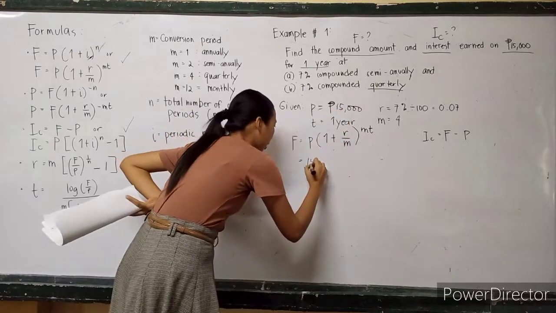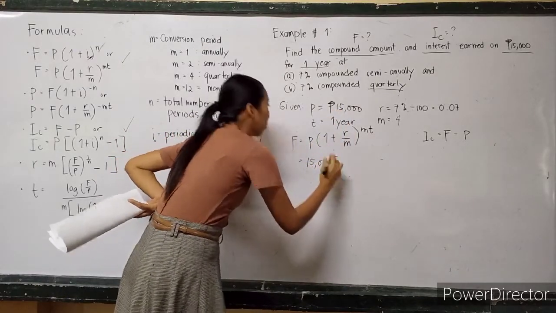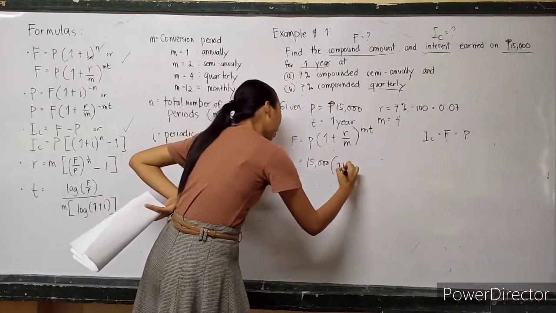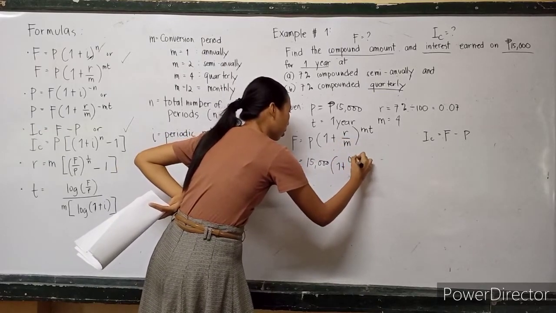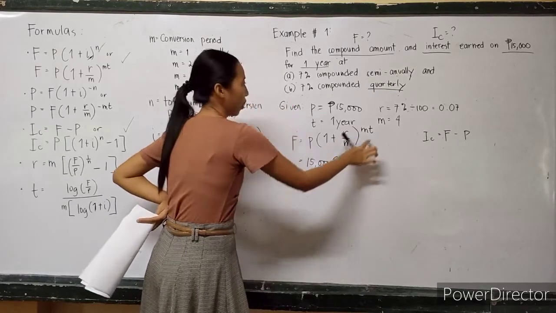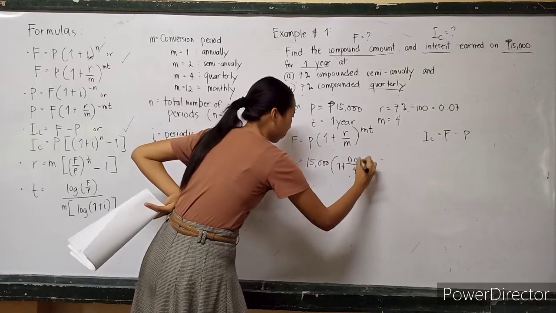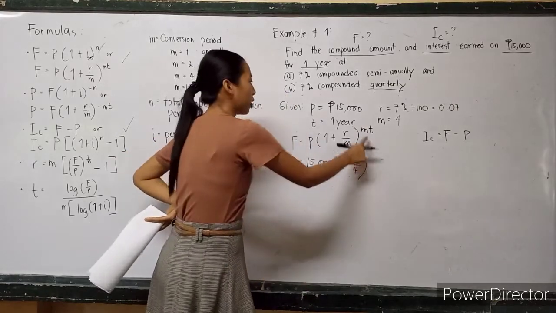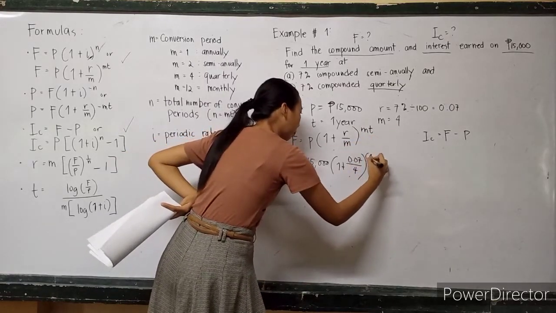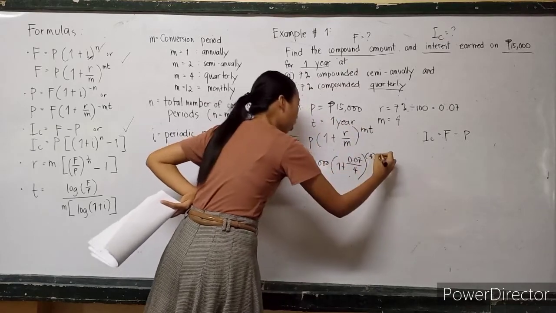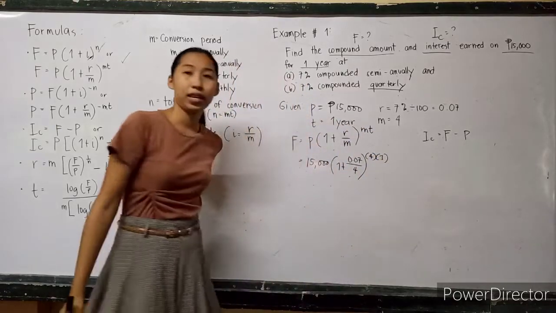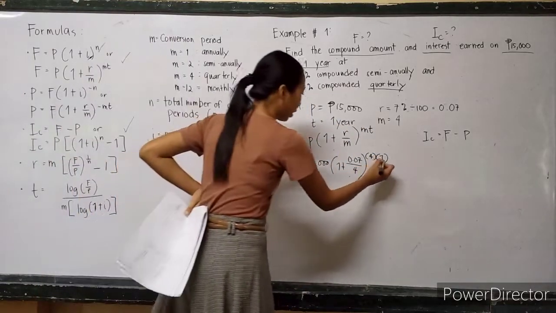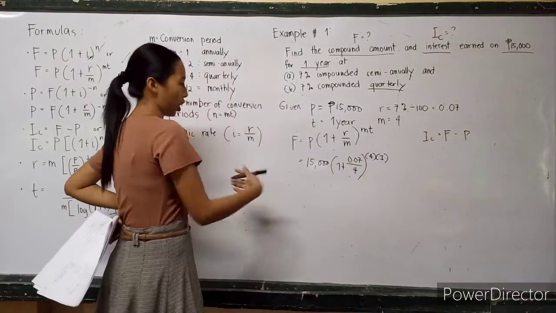We have 15,000 multiplied by 1 plus R, which is 0.07 again, divided by 4. Then, M, which is 4, we multiply by the same time of 1 year. So, now, after that, let's process it.